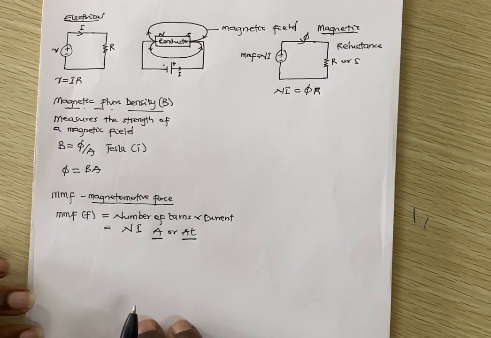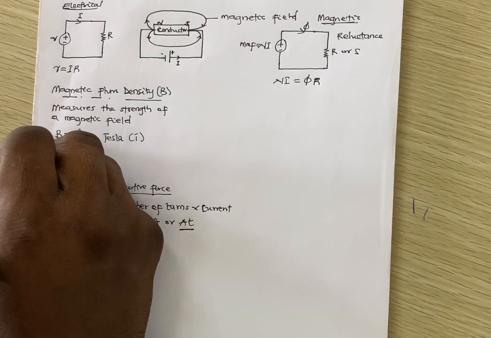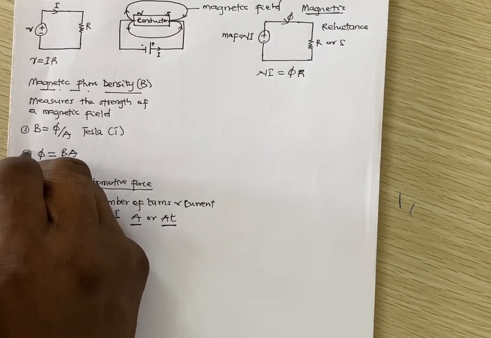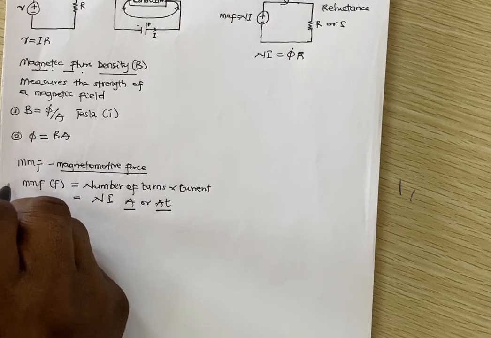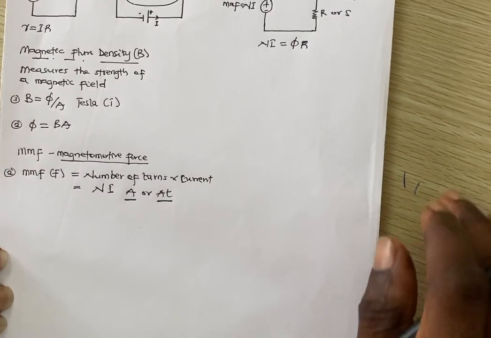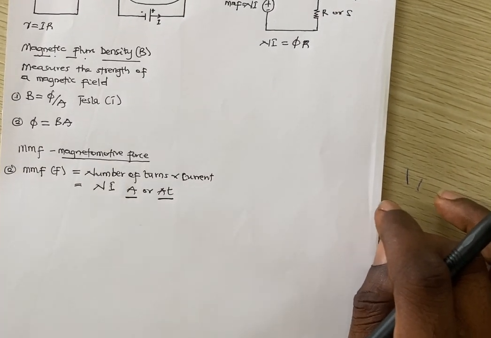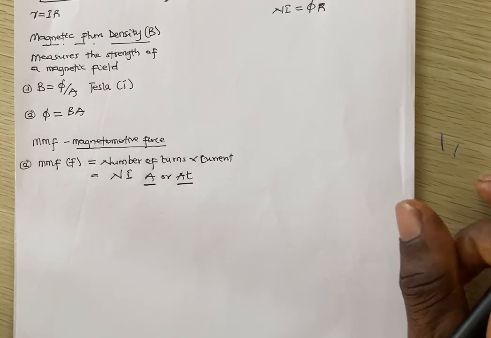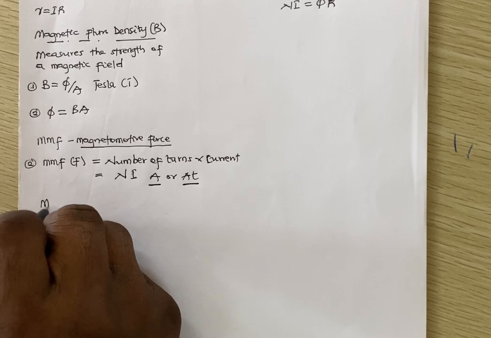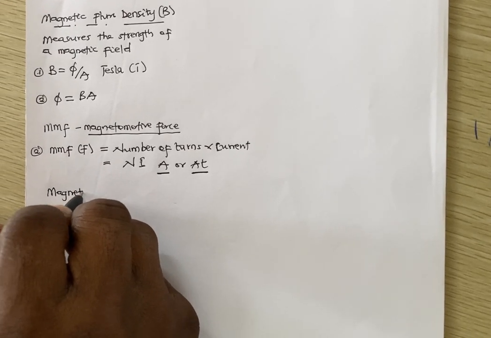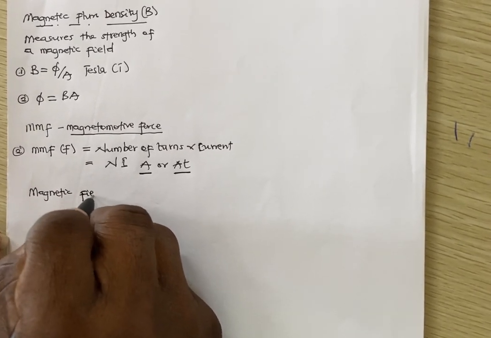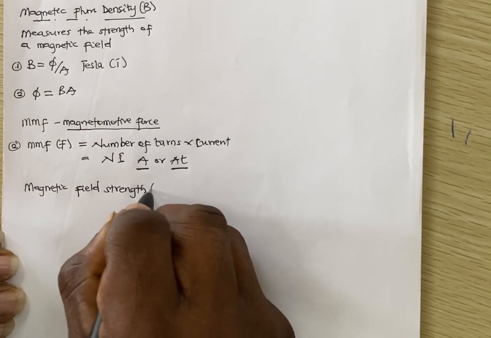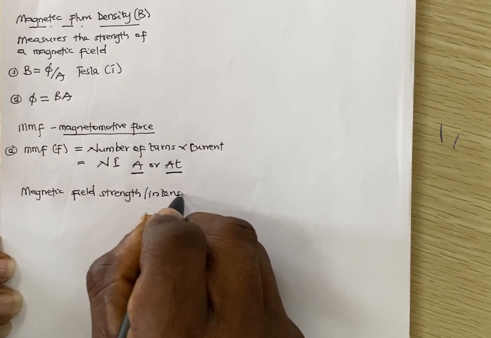All right, so we've established three formulas now. First of all, magnetic flux density, then the flux, then the third one, magnetomotive force. So we have a few more to go. We can now talk about the field intensity or the magnetic field strength, or intensity.